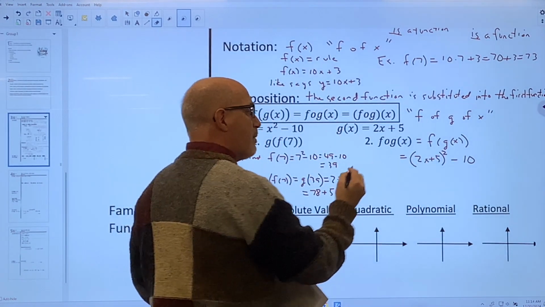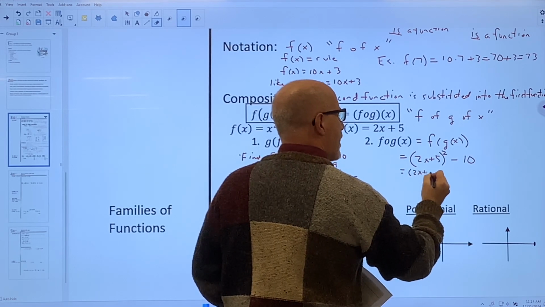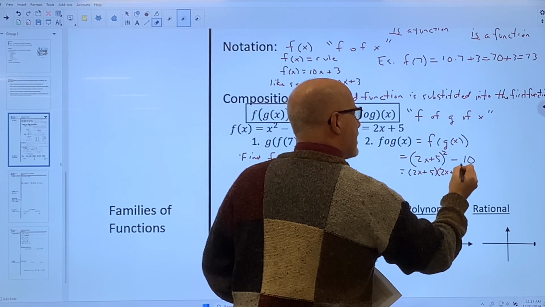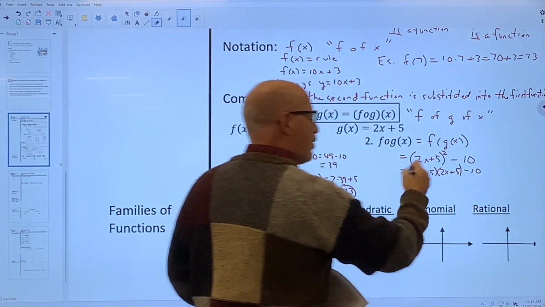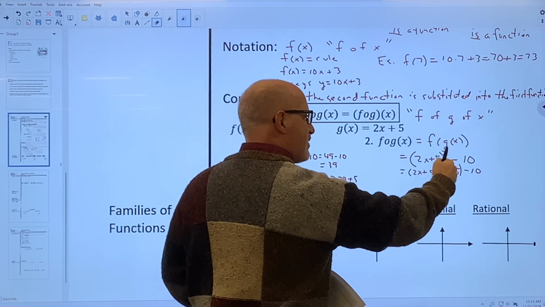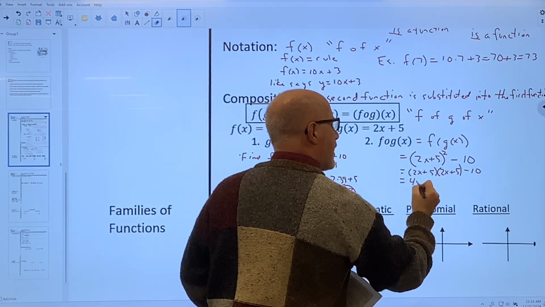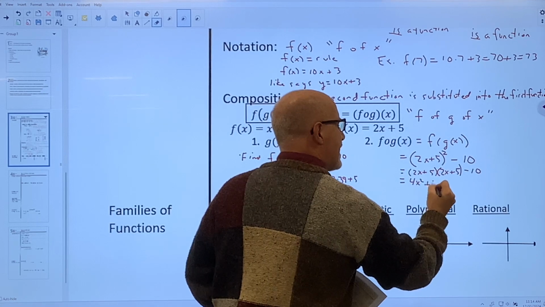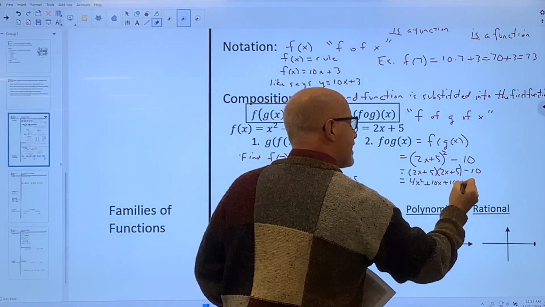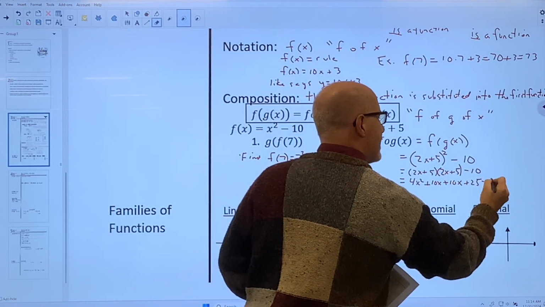Now I've got to multiply out 2x plus 5 times 2x plus 5 because it's squared. And if you were to double distribute that, multiply out 2x times 2x, 2x times 5, 5 times 2x, etc., you're going to get 4x squared plus 10x, and then the 5 times the 2x is another 10x, and then 5 times 5 is the 25, minus 10.